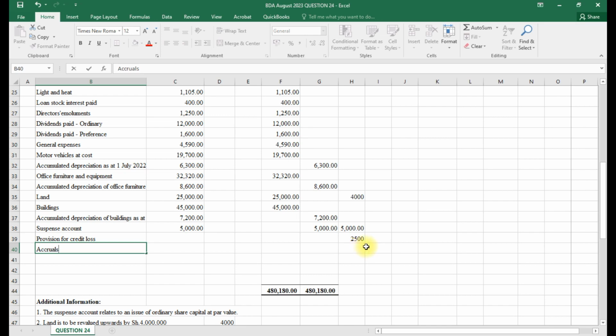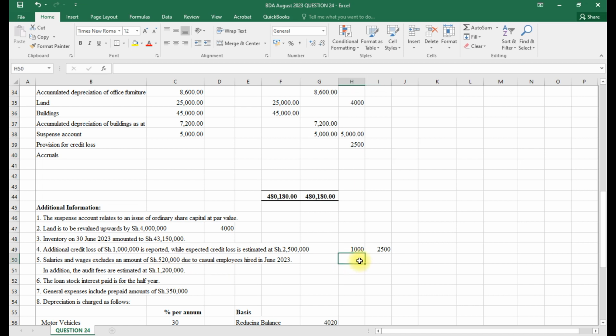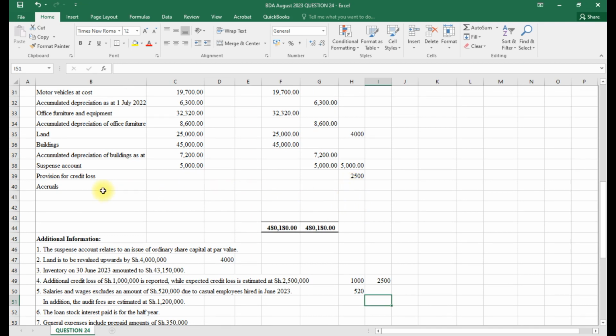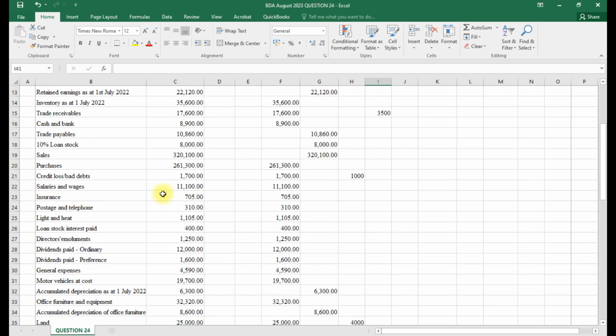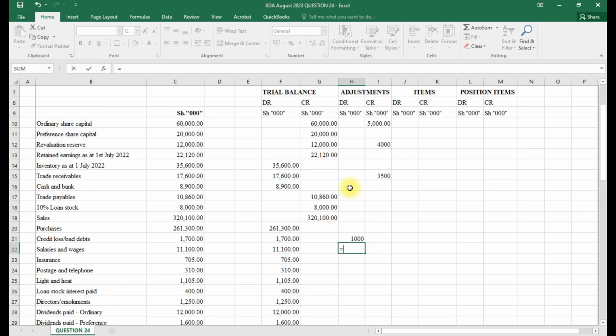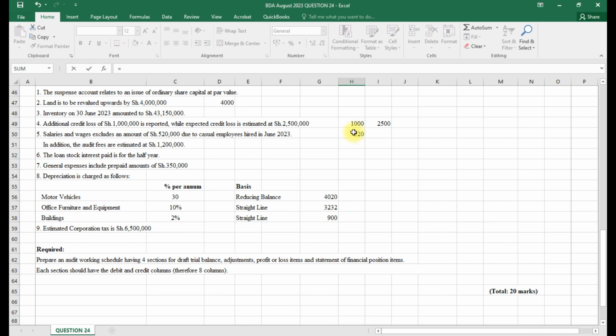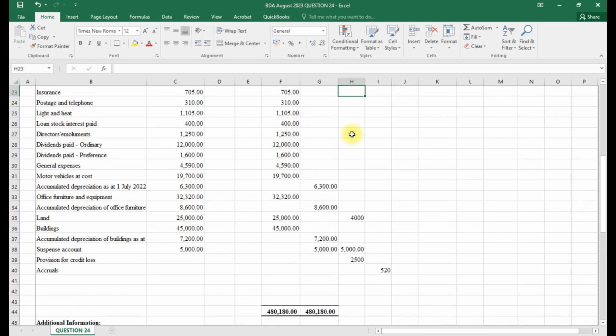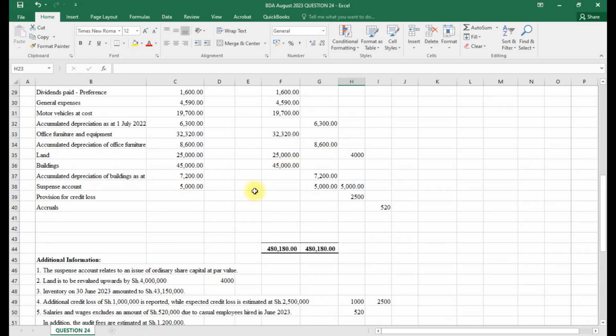This is a liability, so I will credit the accrual with 520, and it will affect the salaries and wages. Salaries and wages, I will debit with 520, because it will increase that particular value.